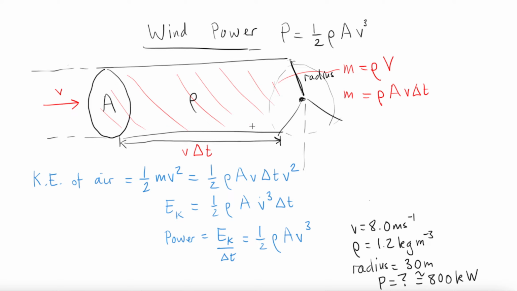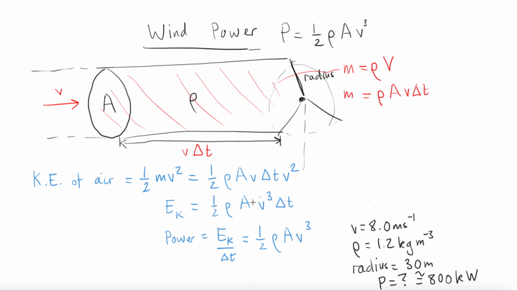If the cylinder travels a distance v delta t, and the surface area which cuts the blades is A, then the mass of air turning the blades is rho A v delta t.